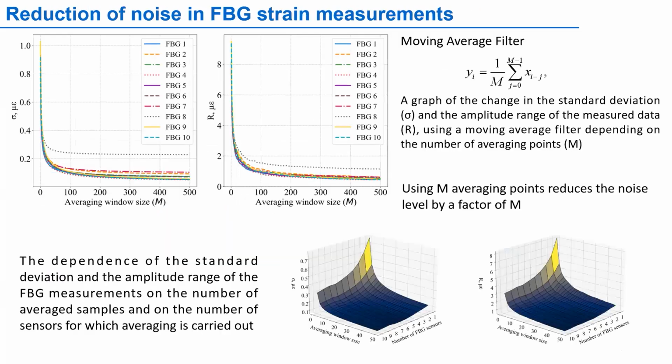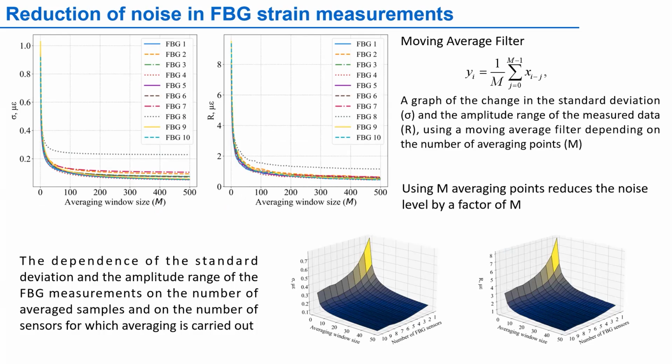But in some of the cases, it is desirable to measure strain of a lower level. And to reduce this measurement noise, one of the straightforward ways is to apply moving average filters. So we can choose the window and find the average on this window of the data, and then move this average window to provide this filter.